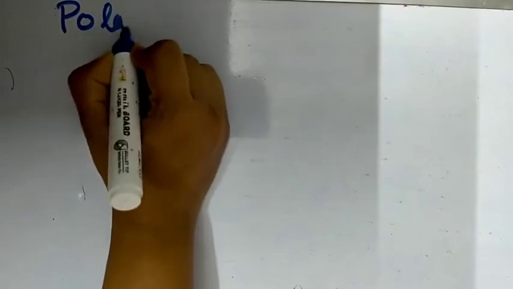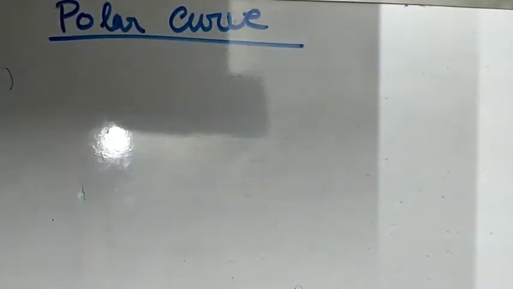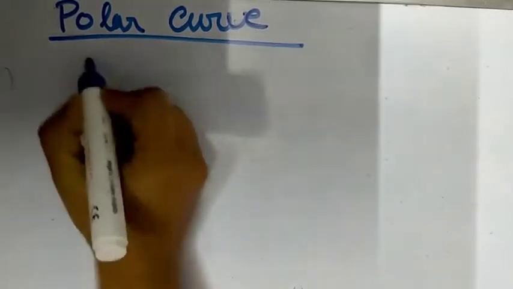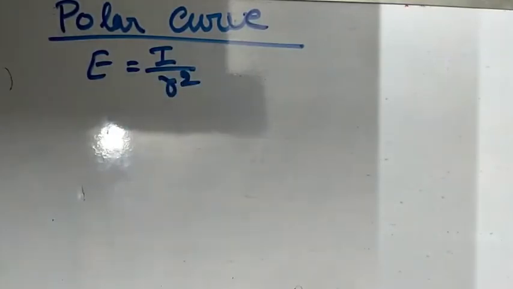Next is polar curve. Now in order to determine illumination of a point according to the formula E is equal to I by R square, it becomes essential to know the value of luminous intensity of the source of light in that direction.